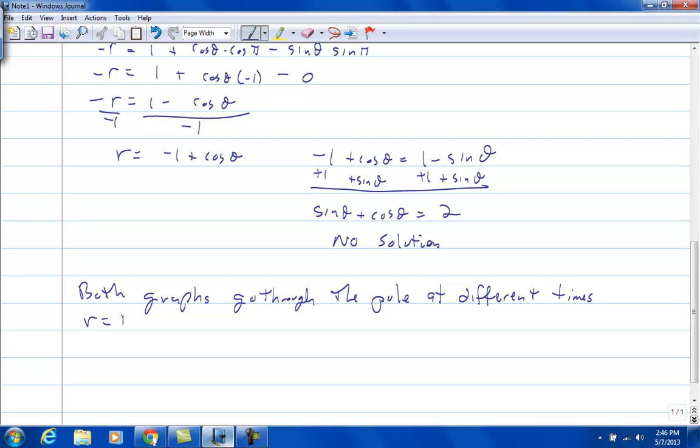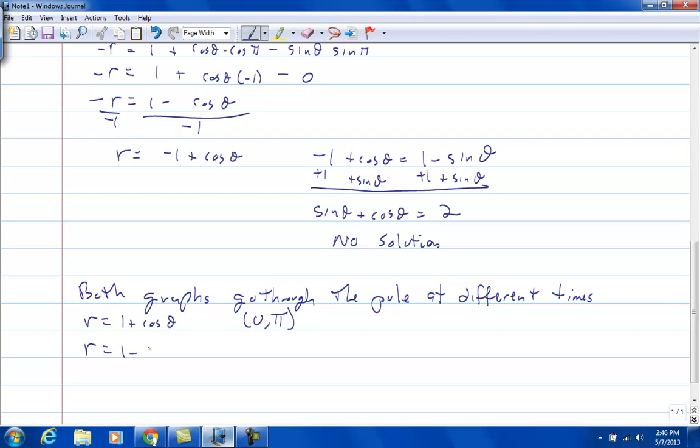So r equals 1 plus cosine theta. This goes through 0, 0. Well, this goes through r equals 0 whenever what happens? Whenever theta is pi. So 0, pi.